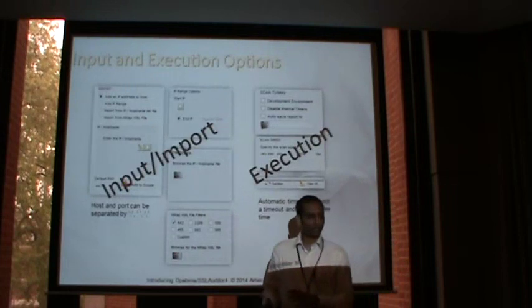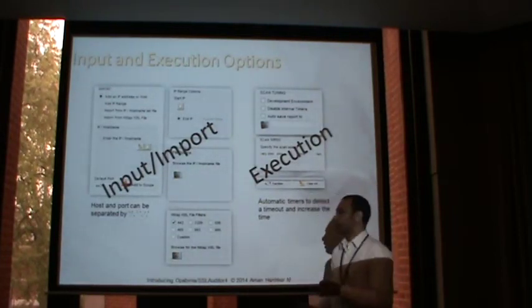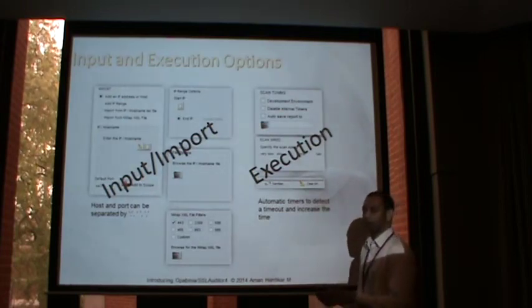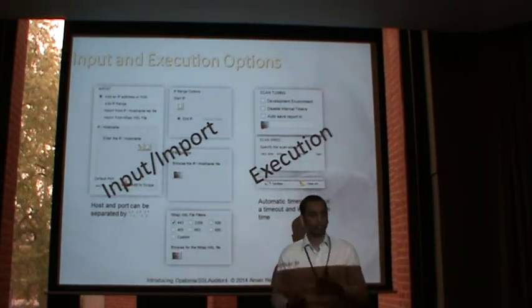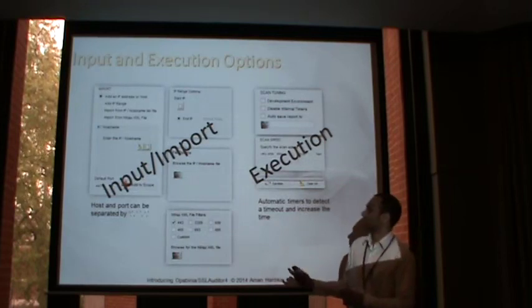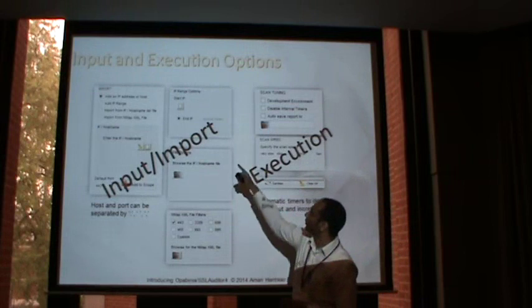The first component is the input modules and the execution modules. My tool accepts 4 different sources of input. One is on the interface itself, so you can add your IP or host on the interface and it accepts that. The second option is a range, which you can see on the top.